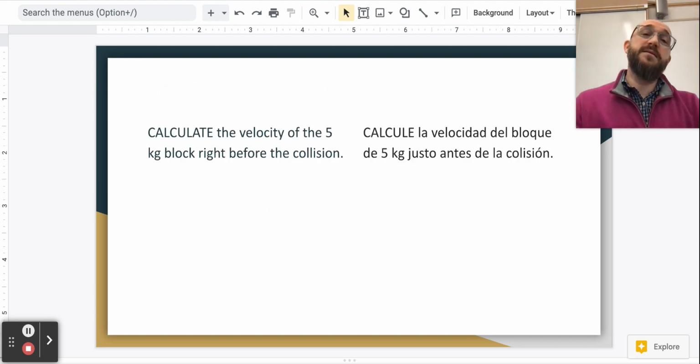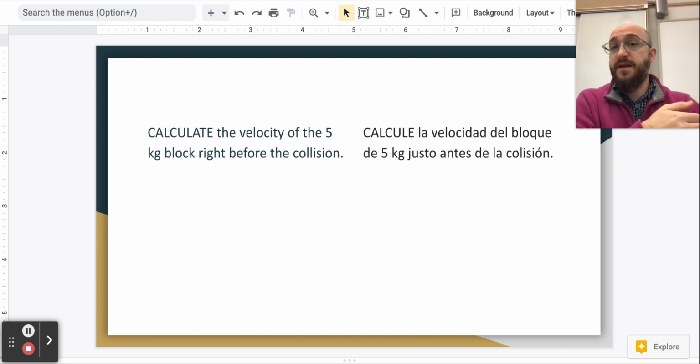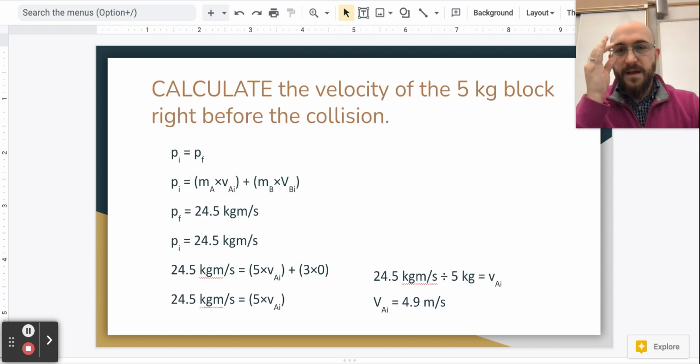All right, well, can we calculate that velocity then? Yes, again, we can, because momentum is just mass times velocity. So here I'm taking what we talked about last slide and I'm building on it. I know that the initial momentum is going to be mass A times VA plus mass B times VB. Except I know that the velocity of the second block, block B, is 0.